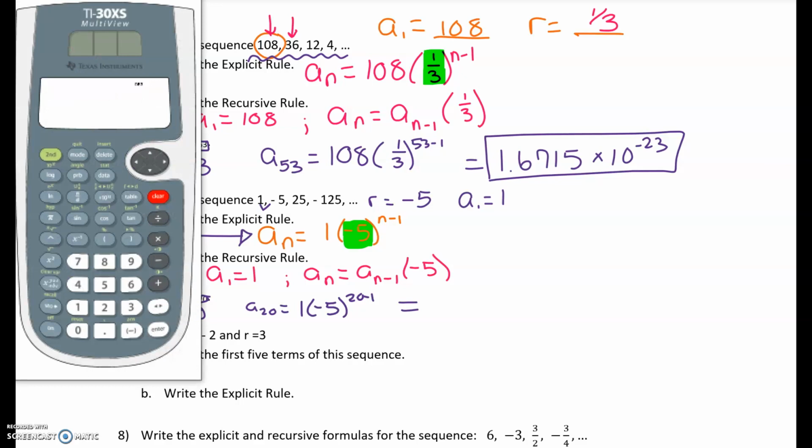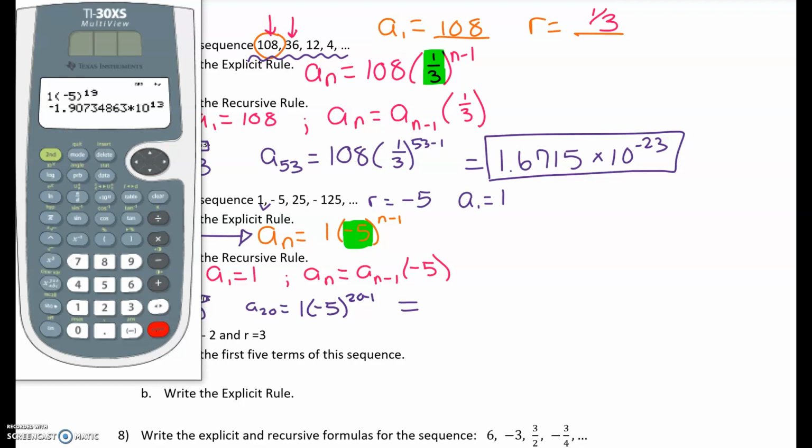Now, if you want to type that in as a 19 into your calculator, that's just fine. So I'm going to do that here. We have 1 times -5 raised to 19. And this again is a very, very large number, a very large negative number.